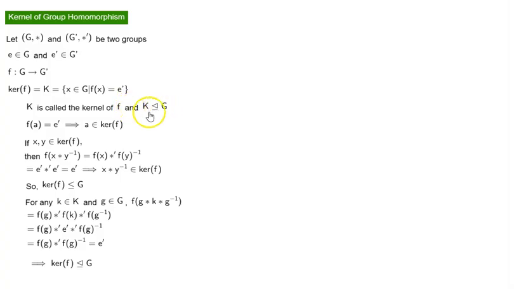So here we just put it as a statement, and we have proved that the kernel of f is a normal subgroup of G. If g maps the group G to the group G prime, then the kernel of g is equal to K prime, which is equal to the set of elements in G such that g of x is equal to e prime.